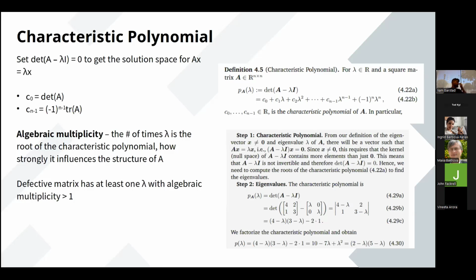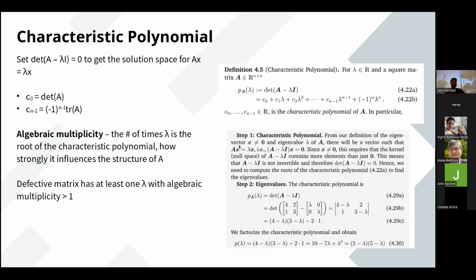C0 here is the determinant of A, and then each of the terms after is plus or minus the trace of A. That's what it says in the book. I actually forget the intuition behind this part, but this is one way that you can solve for eigenvalues and eigenvectors. And I'm assuming if you all did this from the book, this is probably how you solved for it.